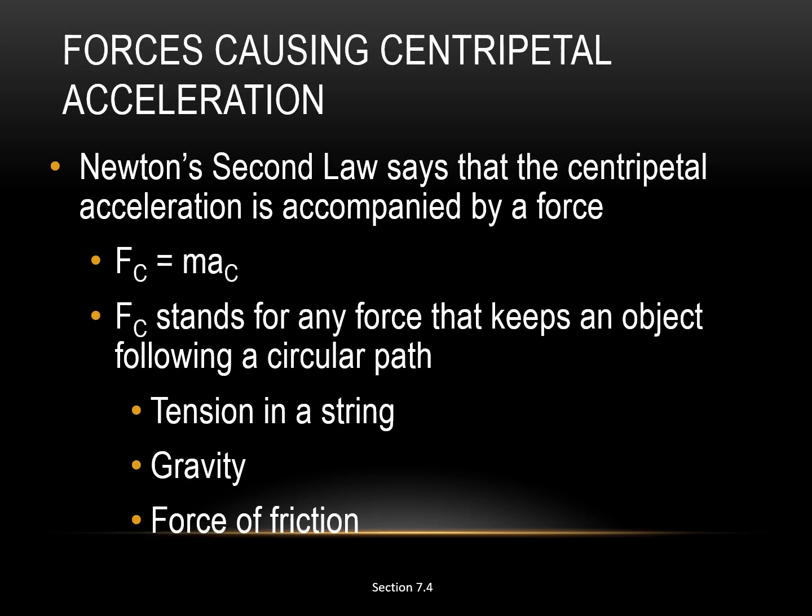Forces causing centripetal acceleration. Newton's second law says that the centripetal acceleration is accompanied by a force Fc equal to m times a_c, where Fc stands for any force that keeps an object following a circular path, such as the tension in a string, gravity, and force of friction.